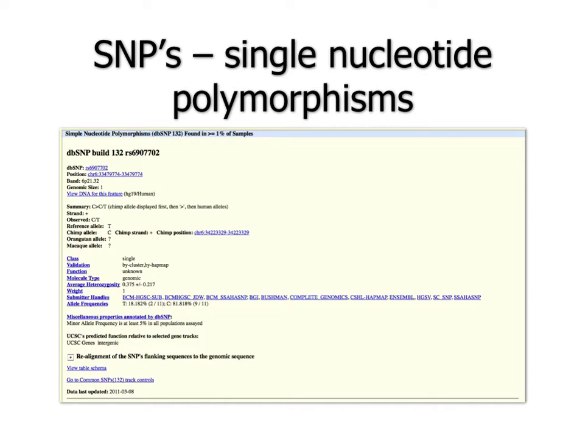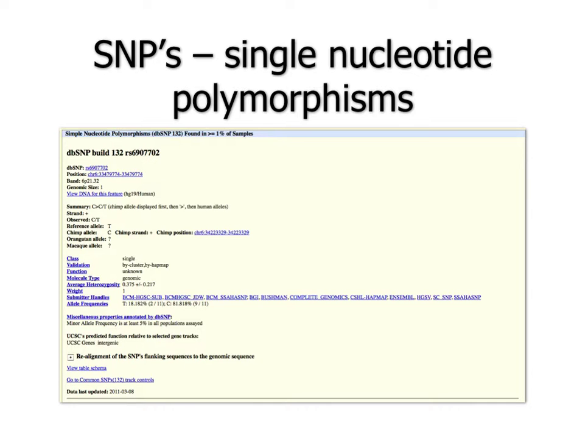And at that position, in most people, there's a C, but in the SNP shown here, the one observed in humans is a T. And so at that position in that gene, there could either be a C or a T. And so that is a polymorphism, more than one morph or more than one nucleotide at that position.